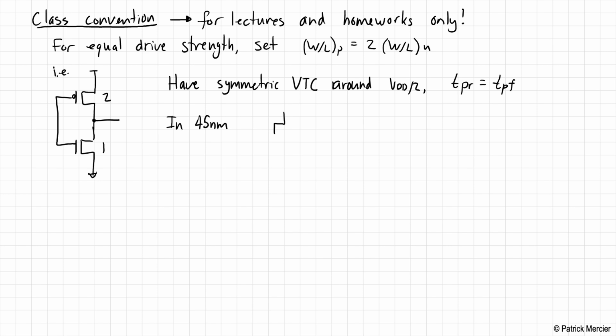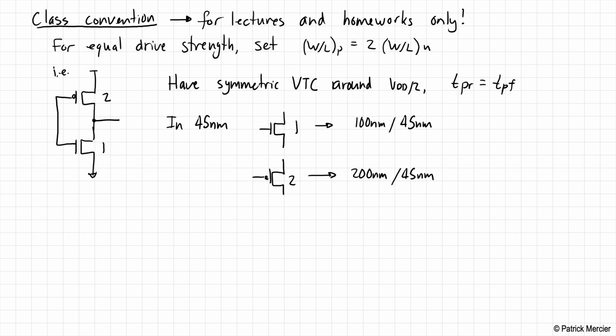Then what we'd say here is if we implemented an NMOS of size 1, what we really mean by that is something that's 100 nanometer over 45 nanometer or 50 nanometer, depending on how the PDK does it. And the PMOS of size 2, that means it would have a width of 200 nanometer and a length of 45 nanometer.